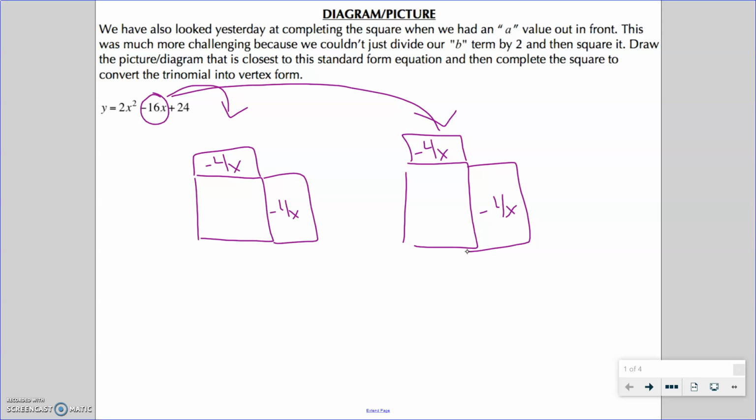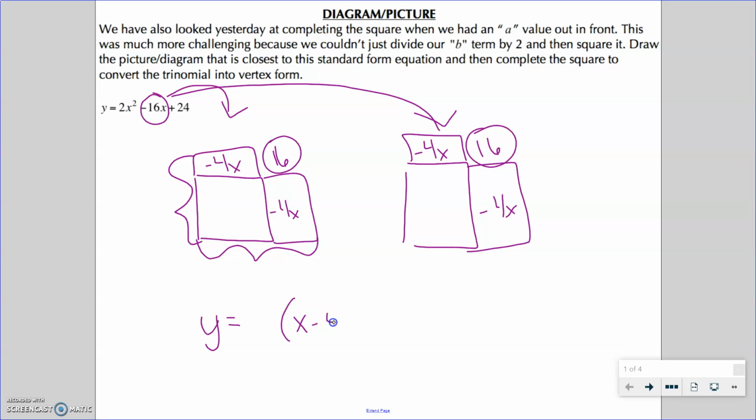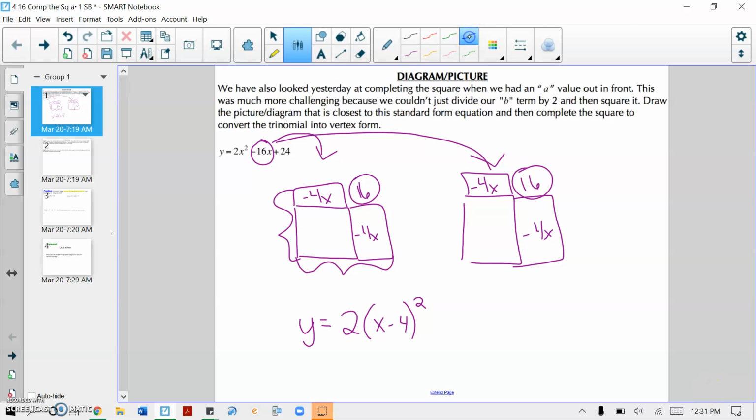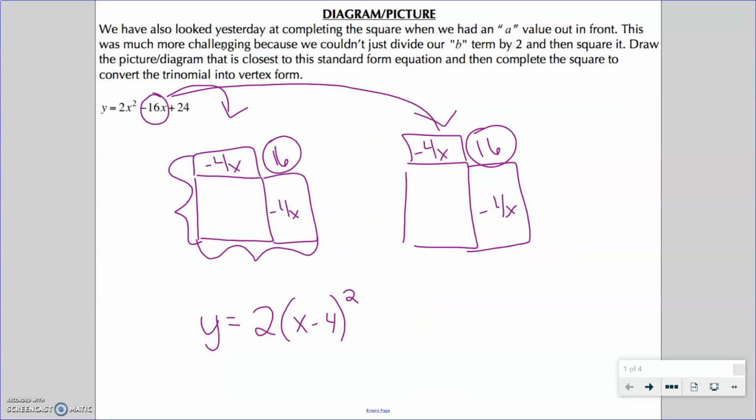So if this was a perfect square, there'd be 16 little pieces right here and 16 little pieces right here. So as a closest perfect square, we would write y equals x minus 4 times x minus 4, so it's quantity x minus 4 squared, but there's two of those diagrams. Okay, so that's what it looks like. Here's where things change. 16 plus 16 is 32.